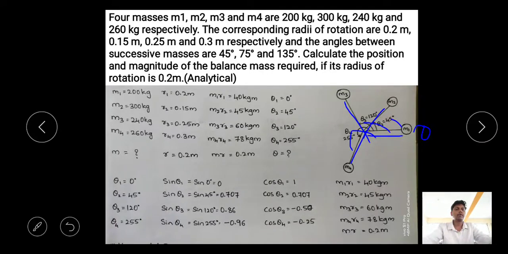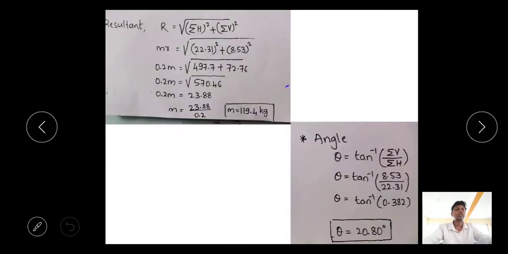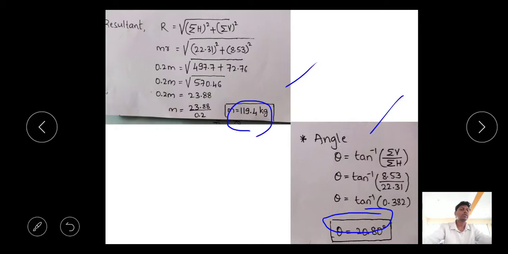This problem we have discussed. Taking horizontal force and vertical force, then using resultant and angle, you are finding a balance mass and the angle at which that balance mass is acting.